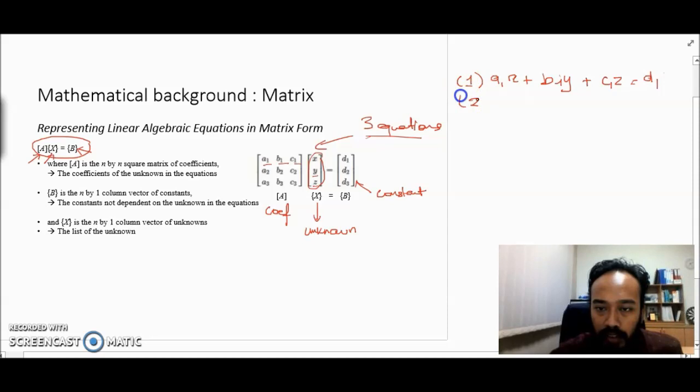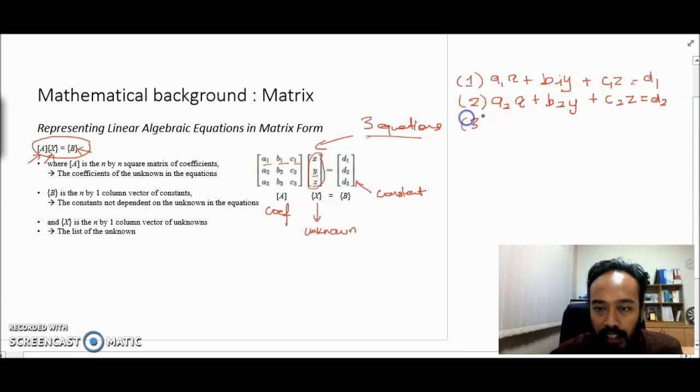And then the second equation, we go to the next line: A2 X, the first unknown, plus B2 Y plus C2 Z equals D2, right?